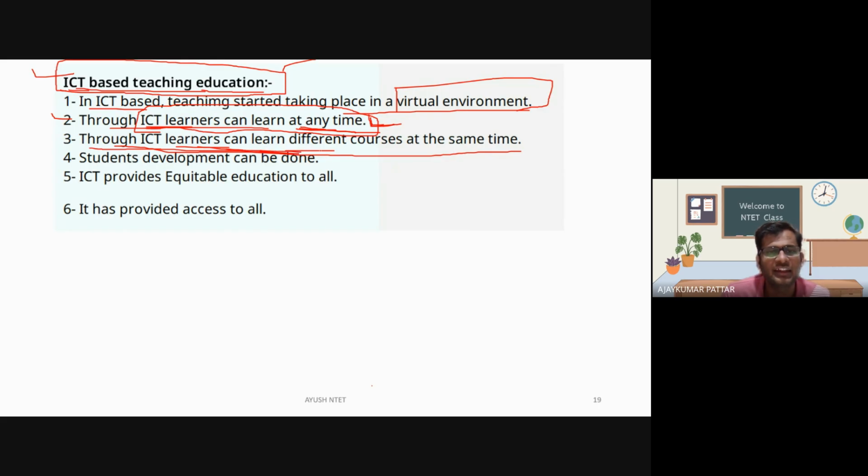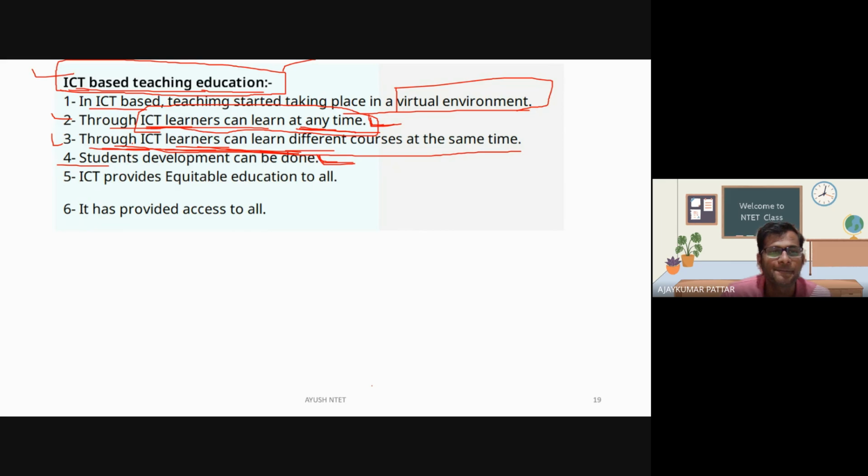Day by day its popularity may also increase because of a lot of advantages. That's why in the UGC curriculum we saw that they focused on using technology and information advancement, whatever advancements are happening and technologies are coming, you have to use them in education.